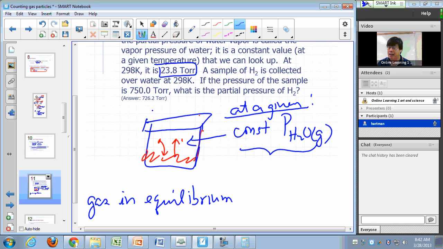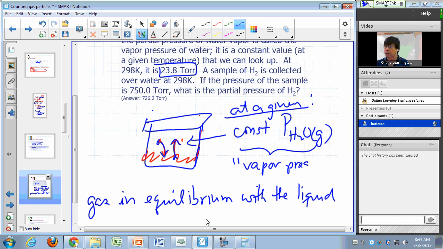We have what's called a dynamic equilibrium. That means the rate at which molecules go back to the liquid is the same as the rate at which molecules leave the liquid. So it appears as though there's no change, and the pressure of your gas would remain constant. That pressure is called the vapor pressure of water.